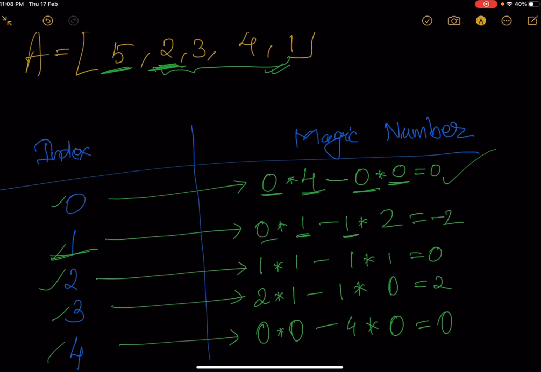It is 1, multiplied by how many elements to the right of 2 are greater than 2. There are 2 of them, 3 and 4. So 0 multiplied by 1 minus 1 into 2 is basically minus 2. Similarly, you can calculate it for the rest: for 3 you will get 0, for 4 you will get 2, and for 1 you will get 0. So these will be the magic values for the various elements.